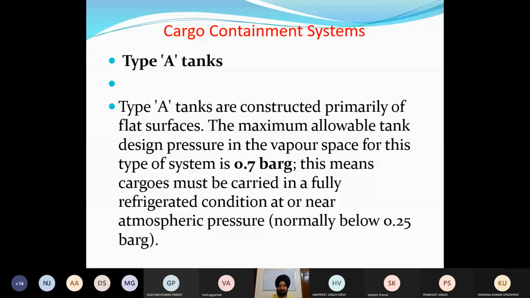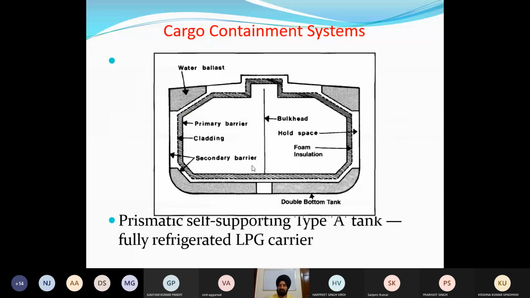This means cargo must be carried in fully refrigerated condition. 0.7 bar is hardly any pressure. But the cargo is cryogenic, fully refrigerated, normally at low temperatures of -55, -60, and these tanks look like this.